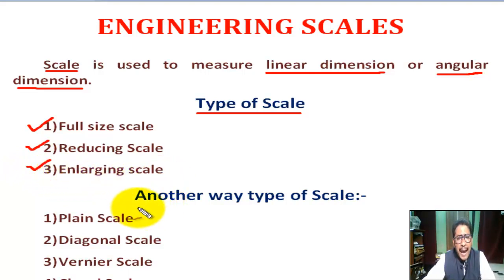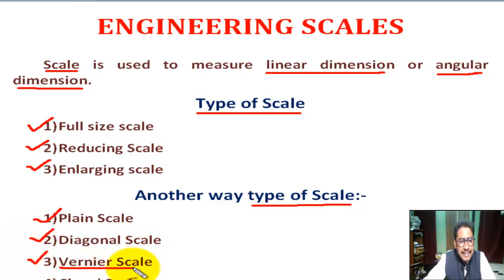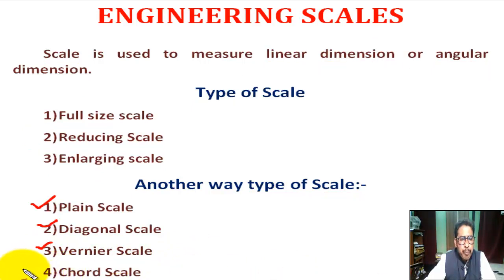Now, another way, types of scale: Number 1, plane scale. Number 2, diagonal scale. Number 3, vernier scale. And number 4, chord scale.